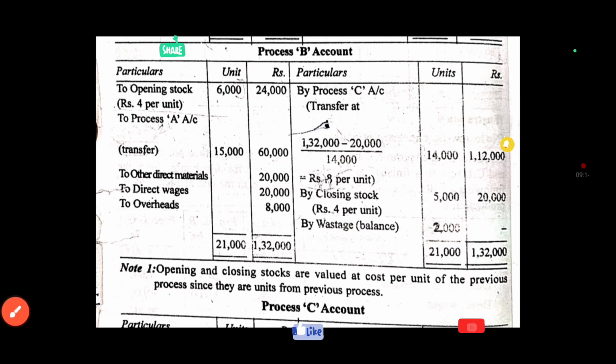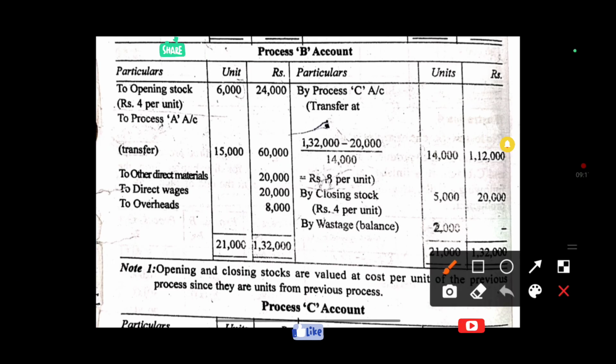So what is the output value? 14,000 units and 1,12,000 rupees. Against this value you are going to write "by process C account", because the output at the end of process B is to be transferred as the input of the process C account. Okay, so it will be entered.